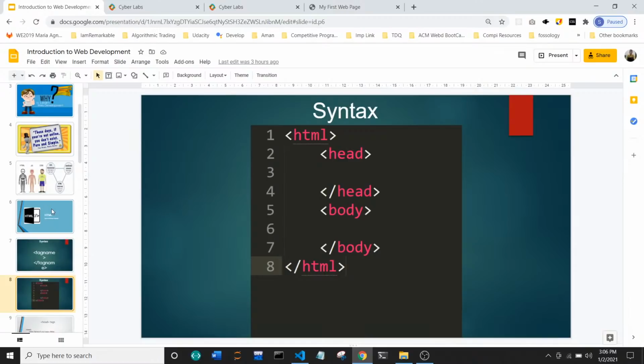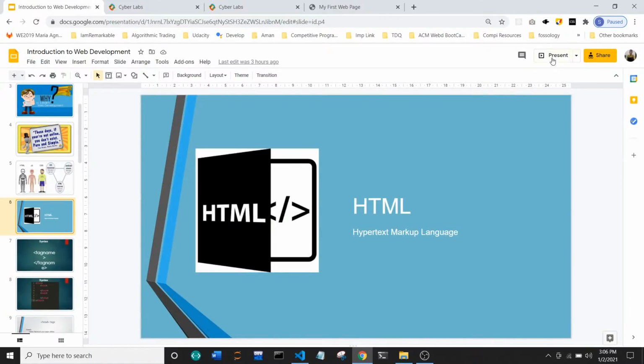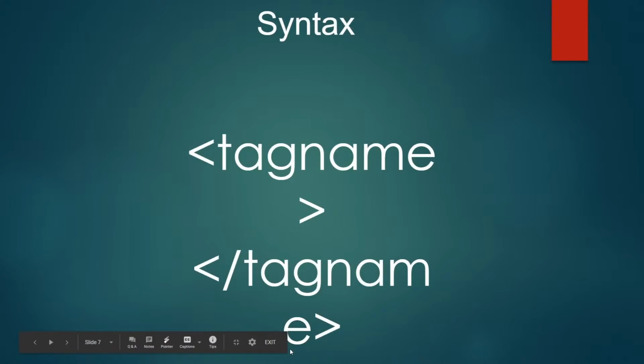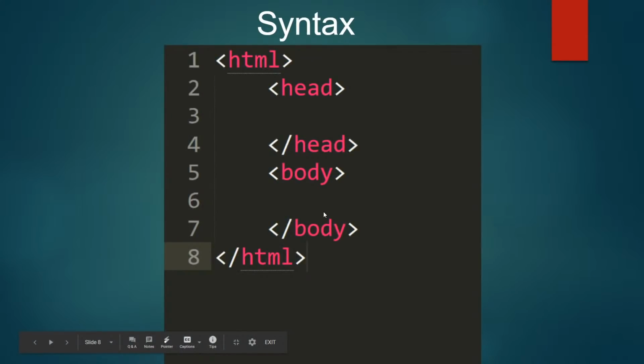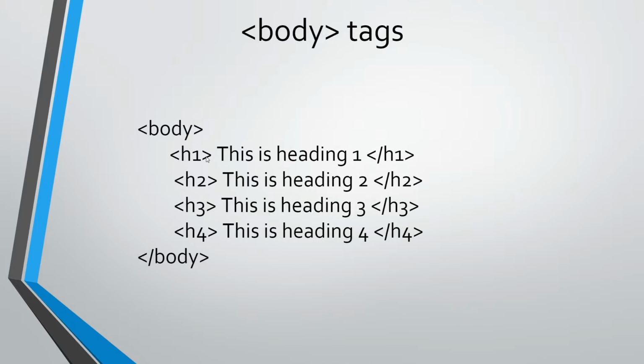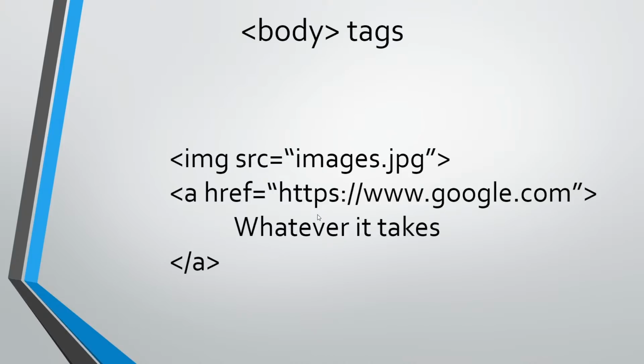Let us move back to our presentation and see what we have covered till now. A quick recap: HTML is a markup language. The syntax is like this: tag name and closing. The head tag, the body tag. Inside the head tag, there's a title where we specify the name of the web page. Then we can specify headings using the h1 tag.